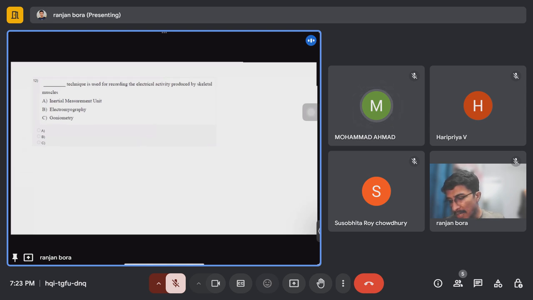Which technique is used for recording the electrical activity produced by skeletal muscles?